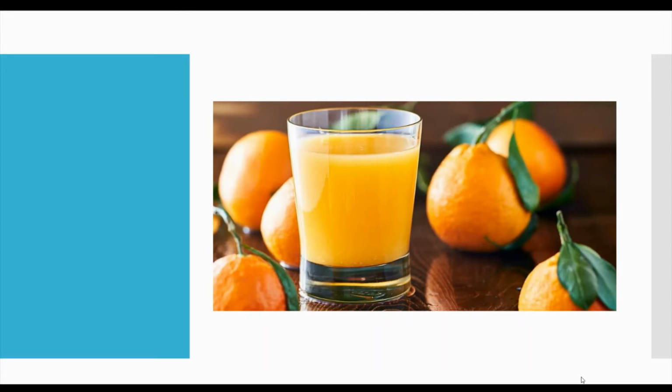So just like with the white grape juice, the orange juice is going to have in it some water, it's going to have in it some sugar, and it's going to have citric acid and ascorbic acid, and it's going to have all kinds of different materials in there. So this is going to be a mixture. So now we need to determine, is this mixture a homogeneous solution or is it heterogeneous?